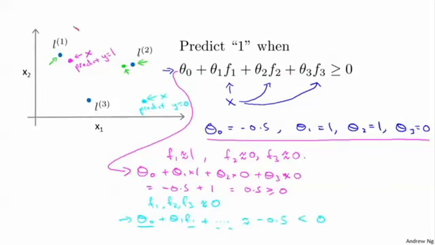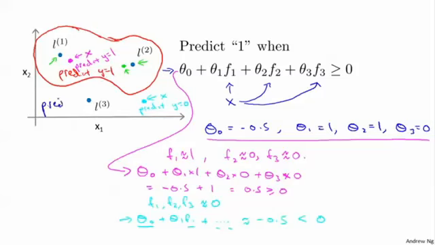And so the decision boundary of this hypothesis will end up looking something like this, where inside this red decision boundary we predict y equals 1, and outside we predict y equals 0.